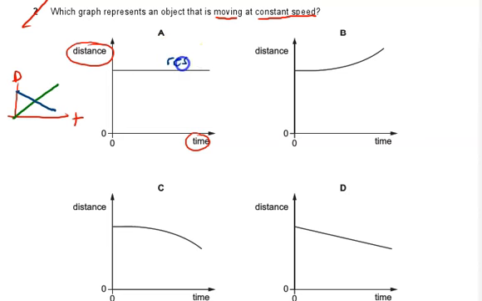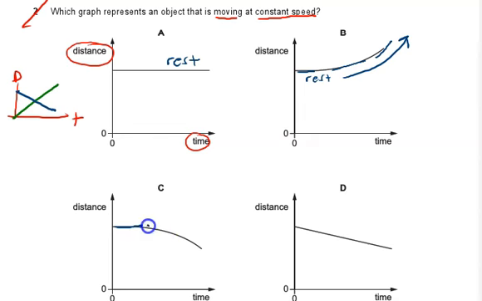This one, the object is at rest. And here, if you look at this, the gradient is at rest. Okay, this is at rest. And this one is increasing in velocity. The velocity is increasing, okay, it is not constant. Now the same goes for C. Here it's at rest.